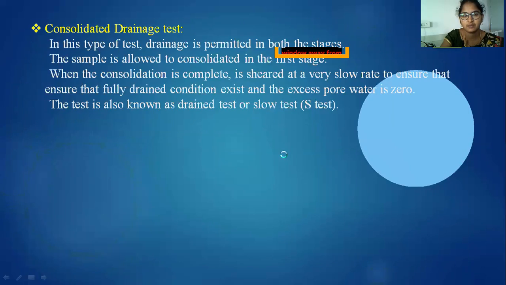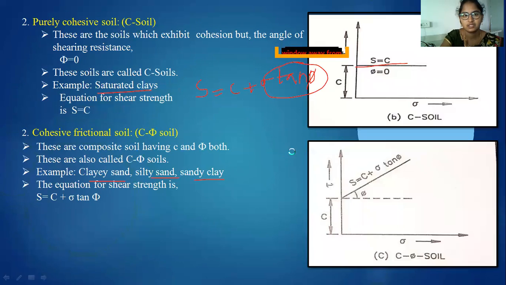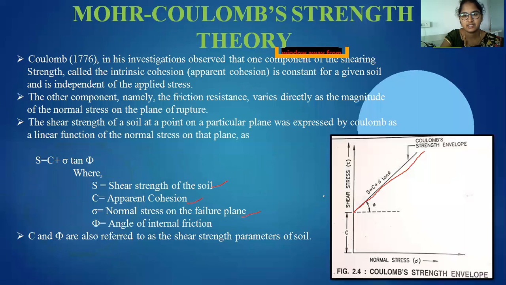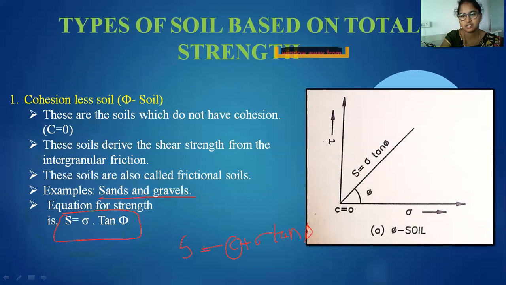Here different graphs will be there. These are the graphs for C-phi soil, cohesive soil and the angle of internal friction. The graph is drawn between the normal stress and shear stress. So S is equal to C plus sigma tan phi. In the case of cohesionless soil, C is equal to 0, so S is equal to sigma tan phi.